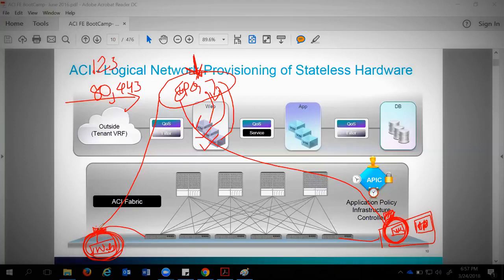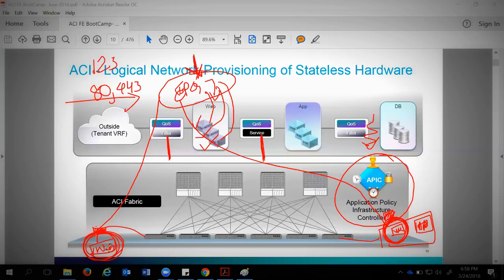But we need to know the fundamentals, some of the terminologies of ACI at the backend. So when we call something a filter or a service, we are claiming a specific process in ACI, right? And the policies that are created are created with the help of the APIC. It decides what kind of policies will go on what switches.